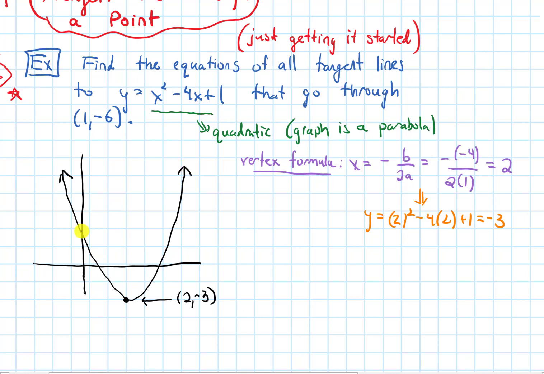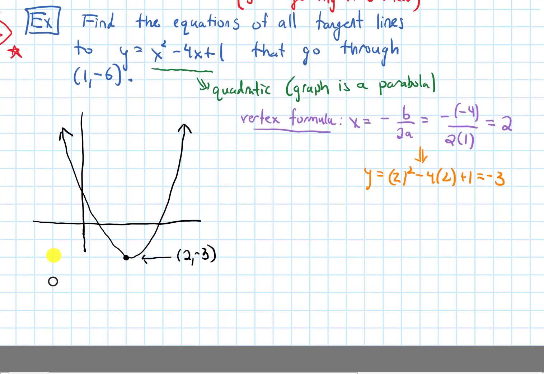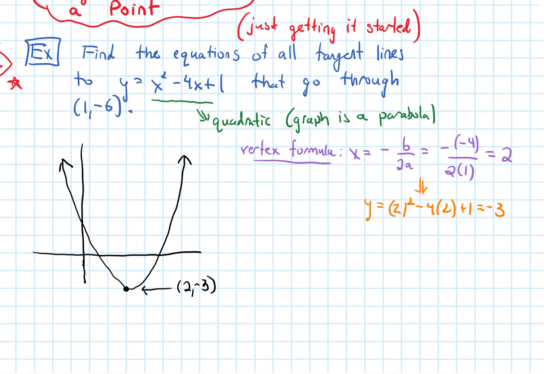The y-intercept is going to be some positive number, because if I plug in 0 for x, the y value is 1. So I know the y-intercept is 1. Let's also draw the point 1 comma negative 6, maybe somewhere here.